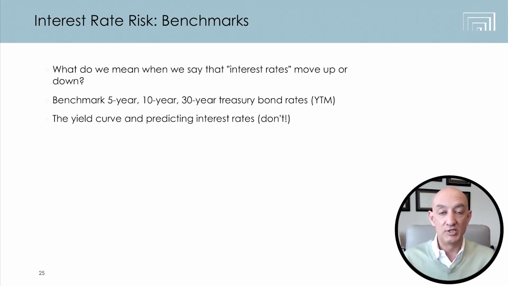We generally use the benchmark treasury rates, meaning the current yield to maturity on the 1, 5, 10, and 30-year treasuries, U.S. government bonds. And the whole bond market tends to use those as benchmarks about where interest rates are. And we'll talk about what moves those rates, but that's an important concept for you to understand.